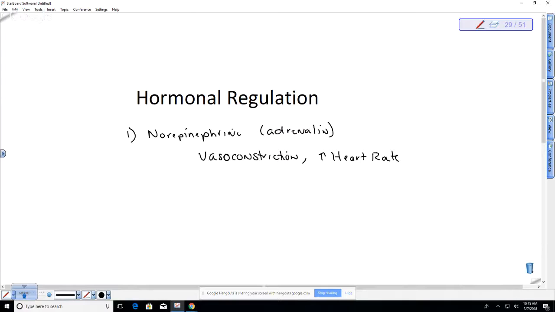Okay, the second one has to do with what is called angiotensin II. So just looking at that word, do you think it's going to cause vasoconstriction or vasodilation? Tensin, what does tensin mean? Contract, right?